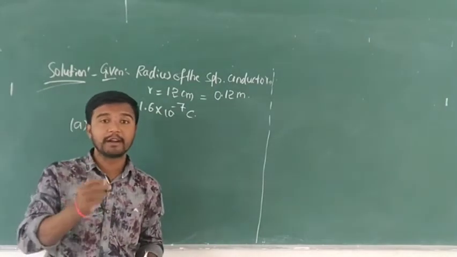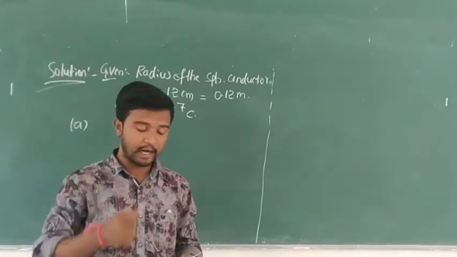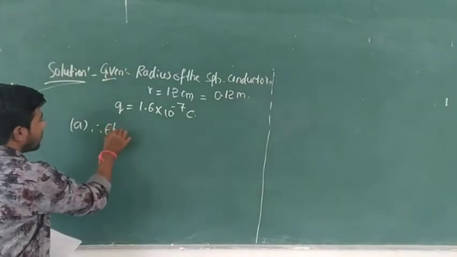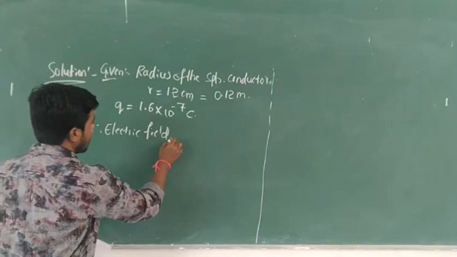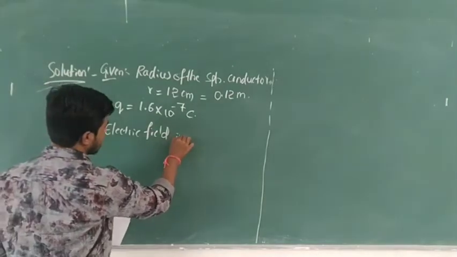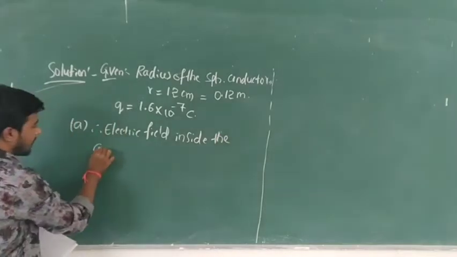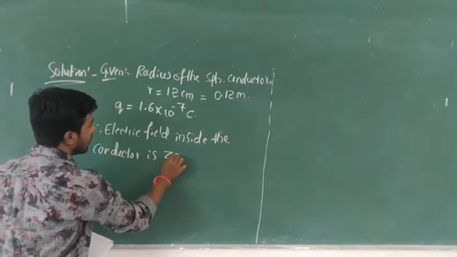So write down: electric field inside the conductor is zero.